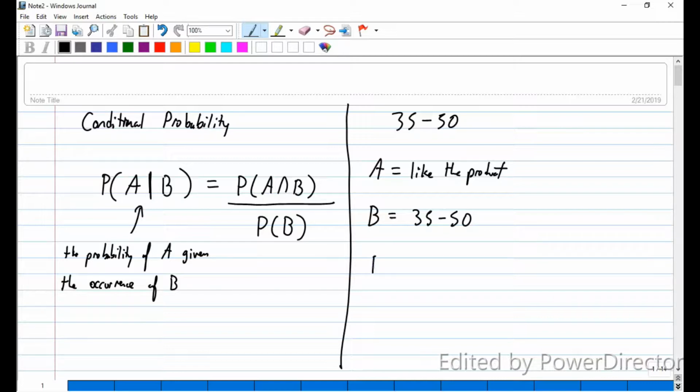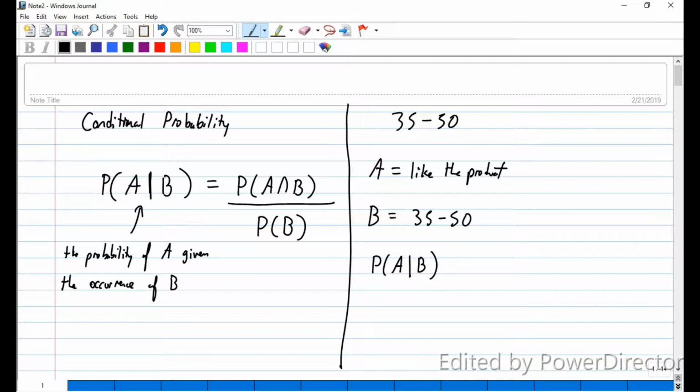And we're trying to figure out the probability of A given B. All right, so let's go over here to the table, and we want to look at the row that's 35 to 50.